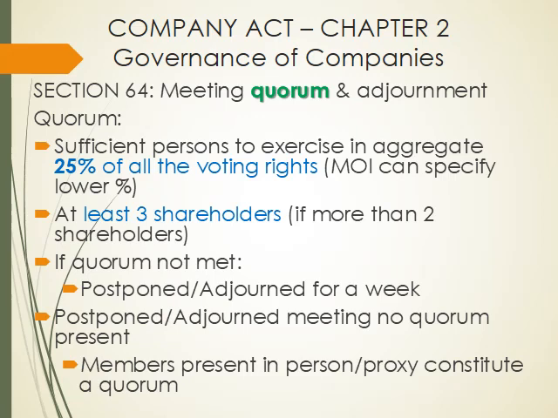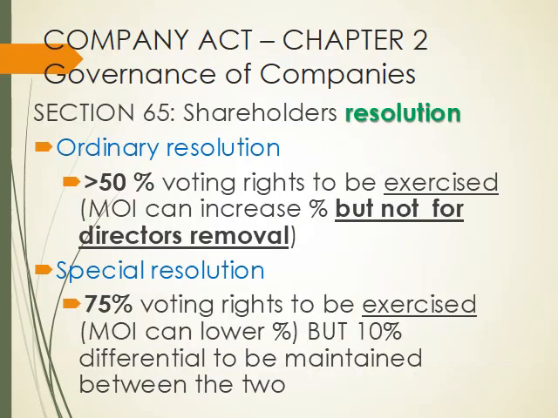So if a quorum is not present at a meeting, then the meeting needs to be postponed or adjourned for a week. Then within a week, if the meeting reconvenes and no quorum is present, then the members that are present in person or with a proxy, they constitute a quorum by themselves.